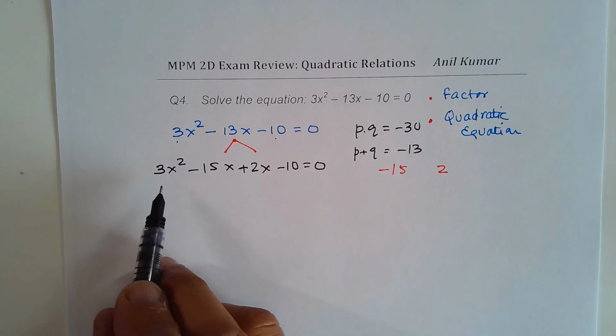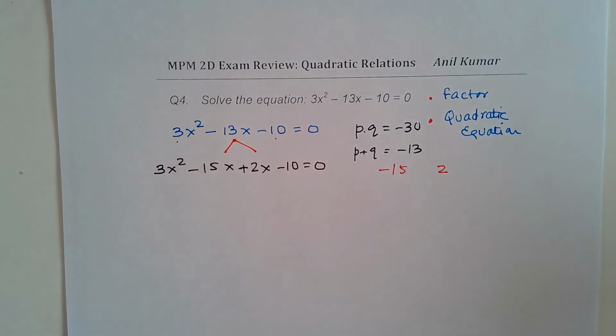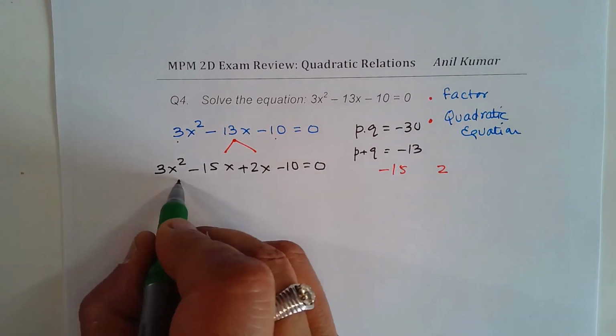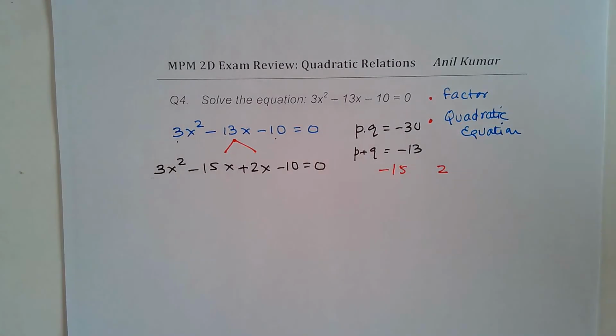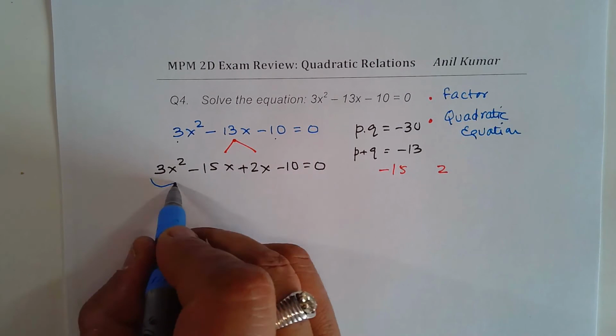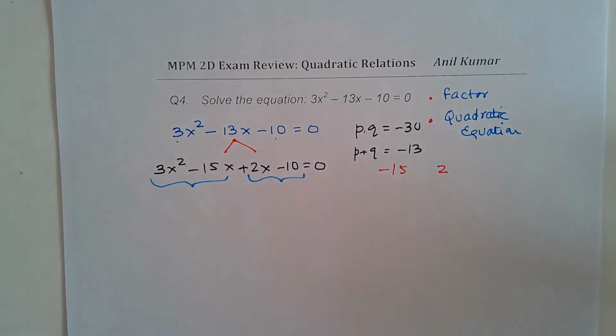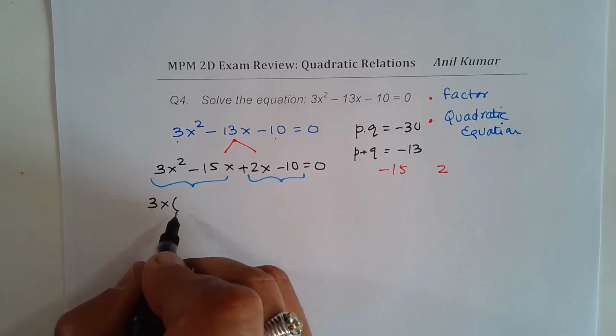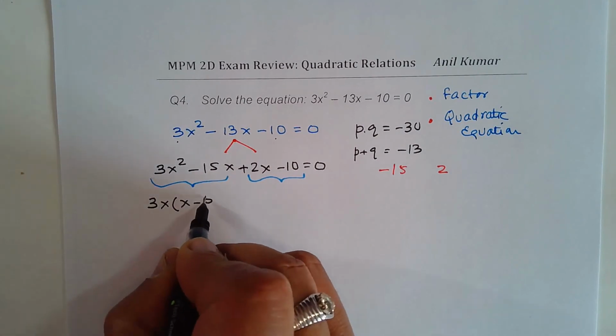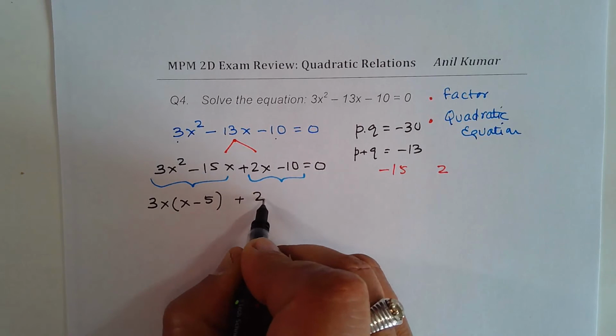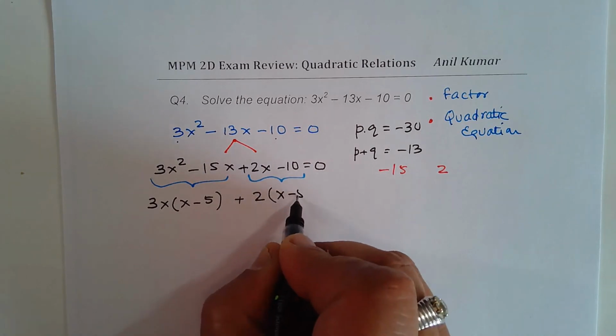We can now group the terms in twos, right? So we could group them as these two terms. If you group them, you can take 3x common from the first group, you get x minus 5, and you could factor 2 from the second group, getting x minus 5 equals 0.